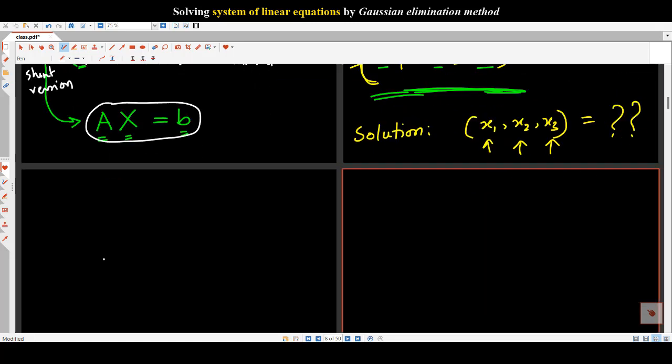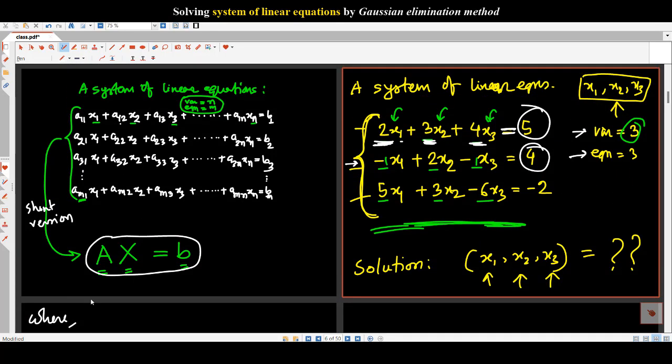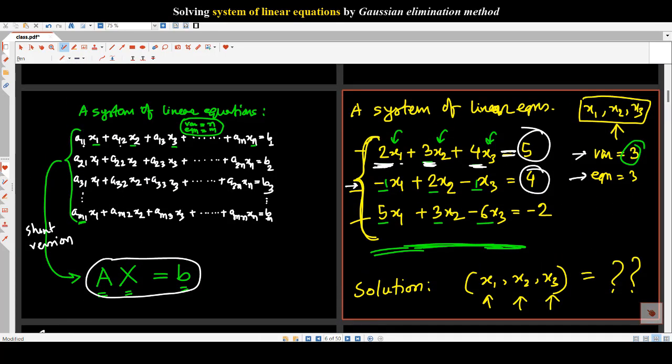Now we have to know what A is. Here A is a matrix that will come from the coefficients of the equations. You can see that this is the system that we have here.